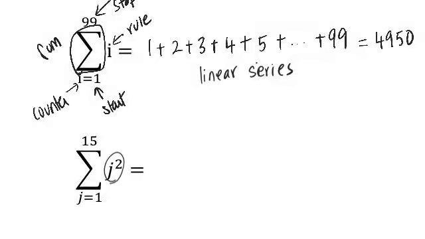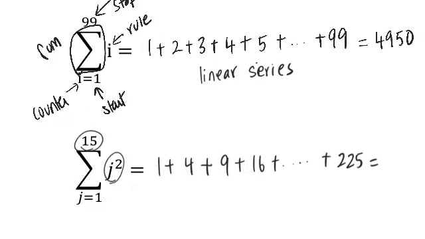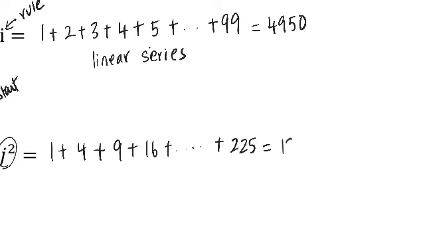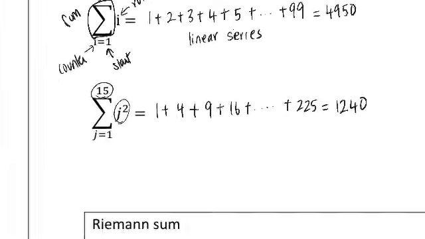The rule is quadratic, so this is going to be a quadratic series, and it goes 1 plus 4, because when the counter is 2, when j is 2, then j squared is 4, plus 9, plus 16, plus dot, dot, dot, and we'd stop at 15 squared, or 225. And this comes out to be 1,240. That's a quadratic series.